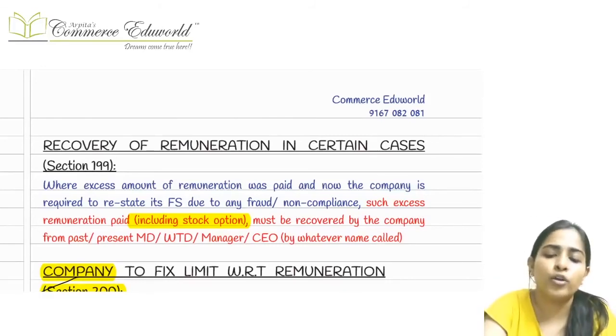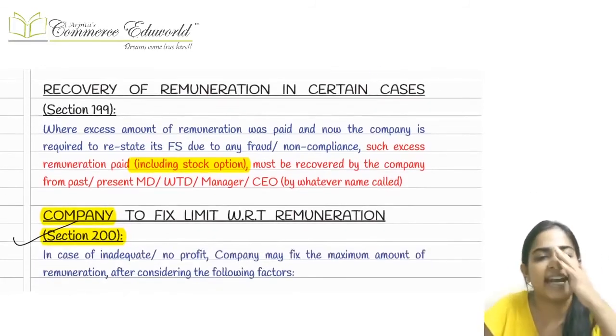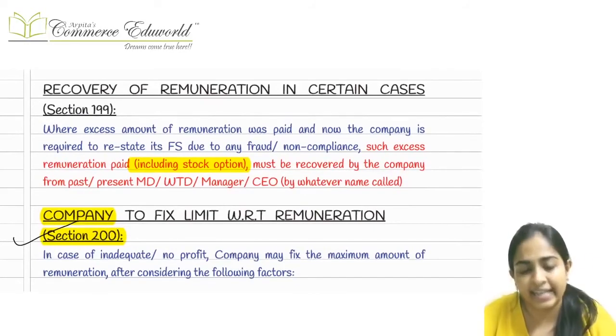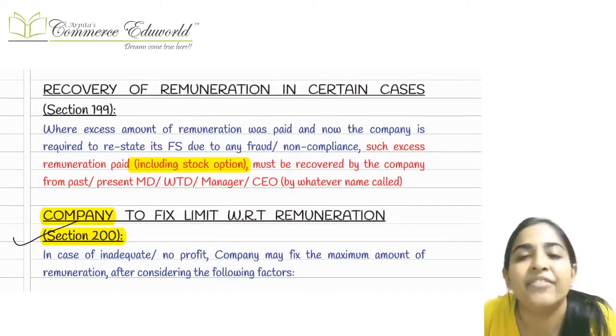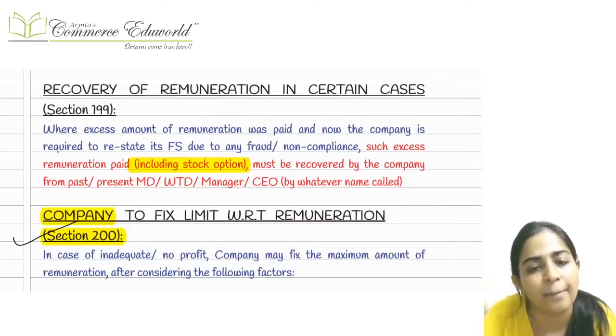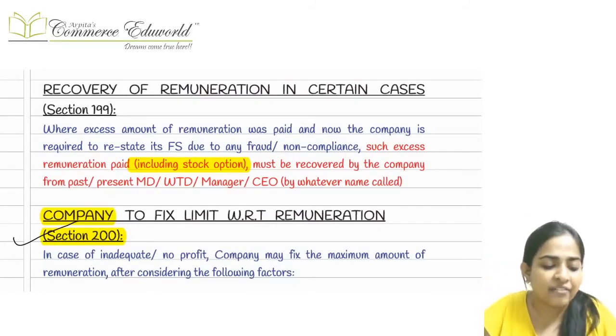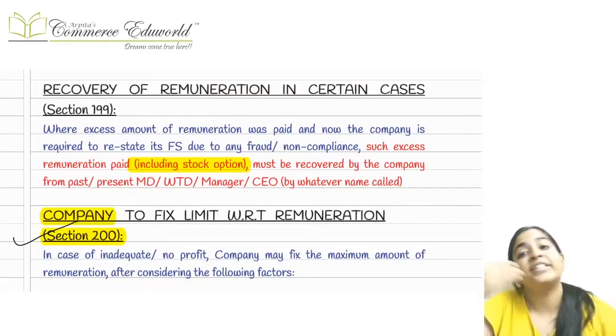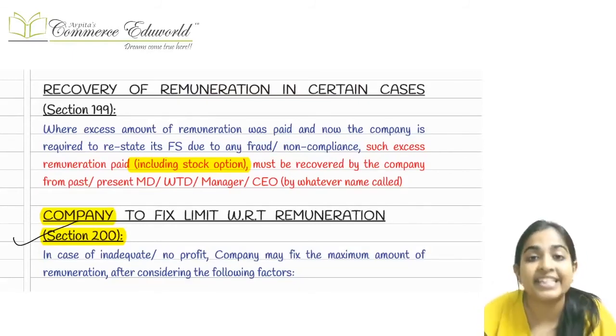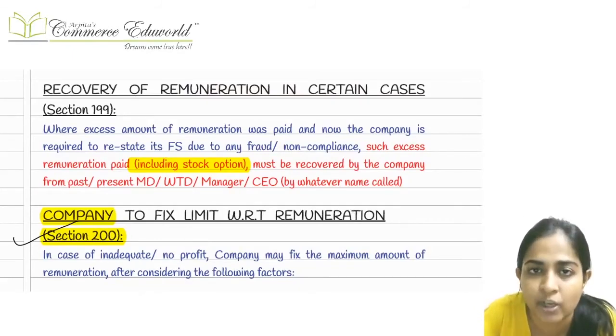Going on to the next section, that is section 199. Section 199 says that suppose the company has done any fraud, or has not complied with any provisions, and someone or some regulator has told the company to restate its financial statements, which you have studied in your audit.